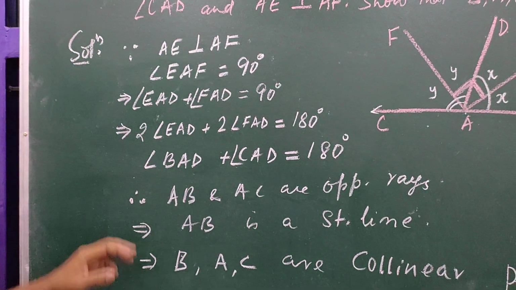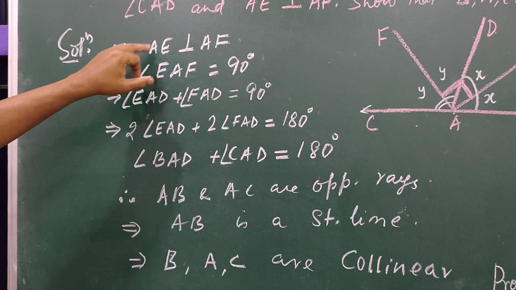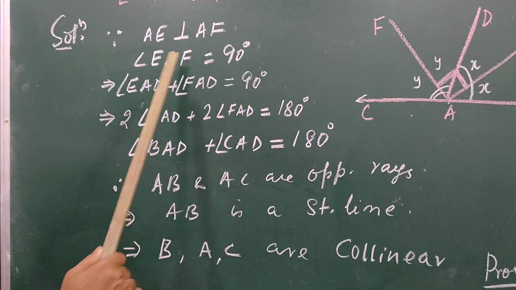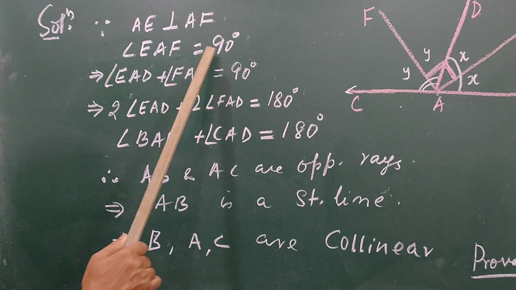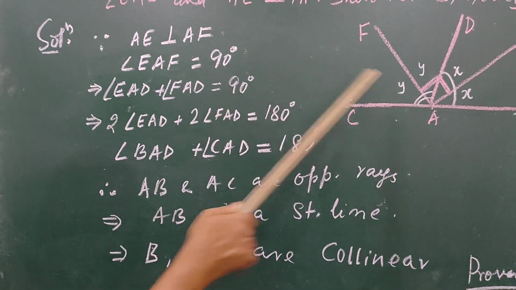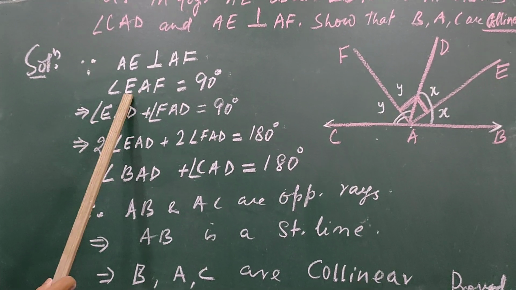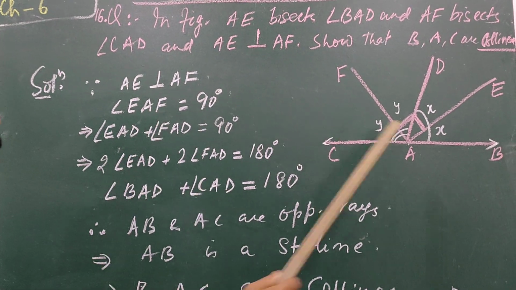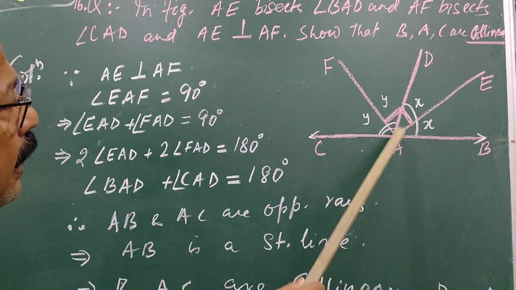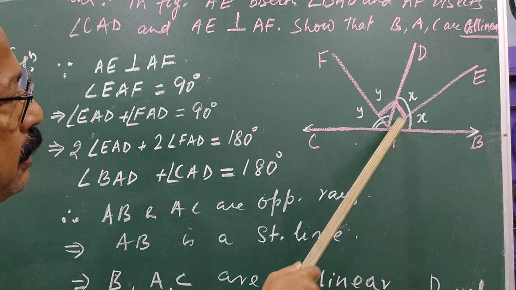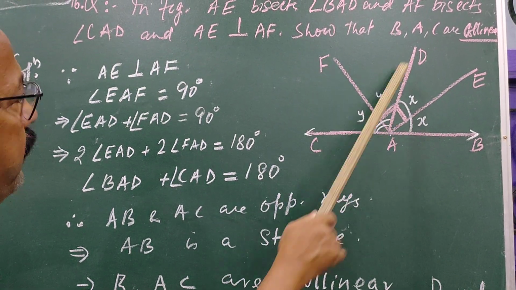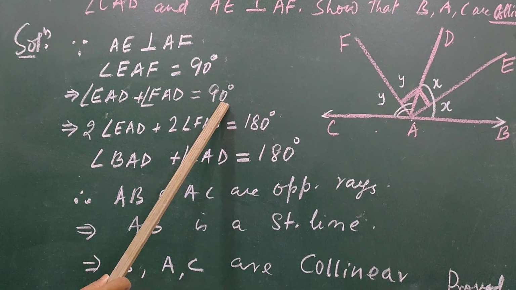Hence, since it is given that AE is perpendicular to AF, angle EAF equals 90 degrees. Here angle EAF has been divided into EAD and FAD, so EAD plus FAD equals 90 degrees.